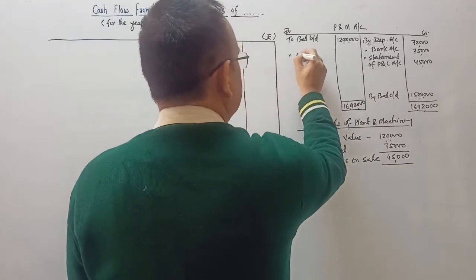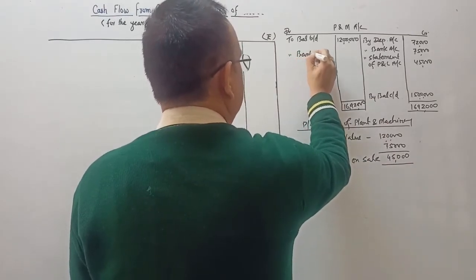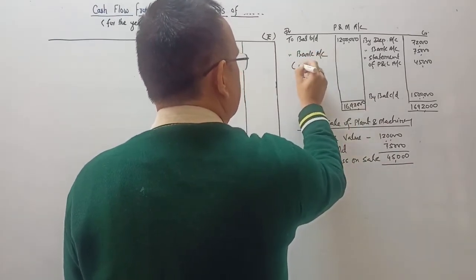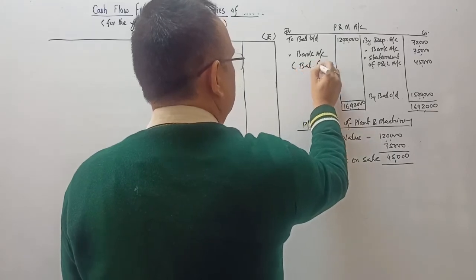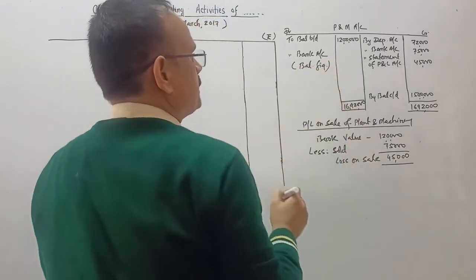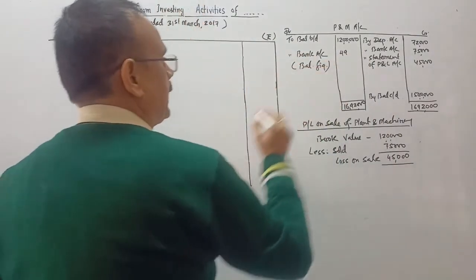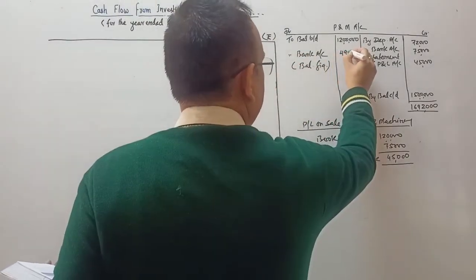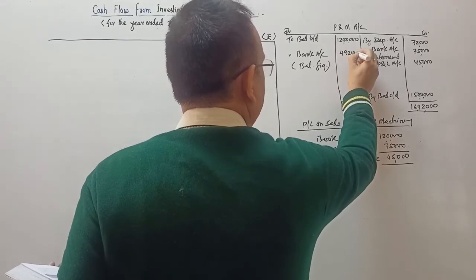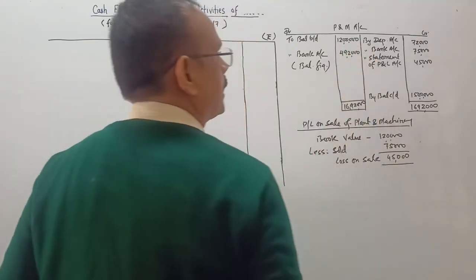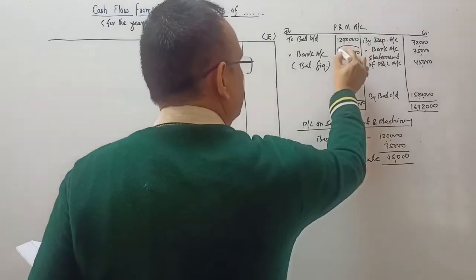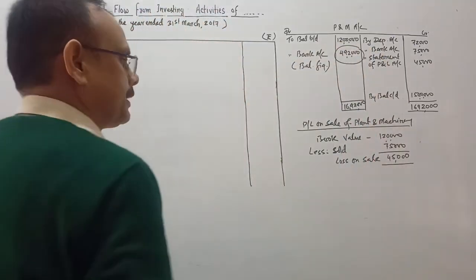The difference will indicate the purchase of plant and machinery. This is the balancing figure, 4,92,000, which is the purchase of plant and machinery.